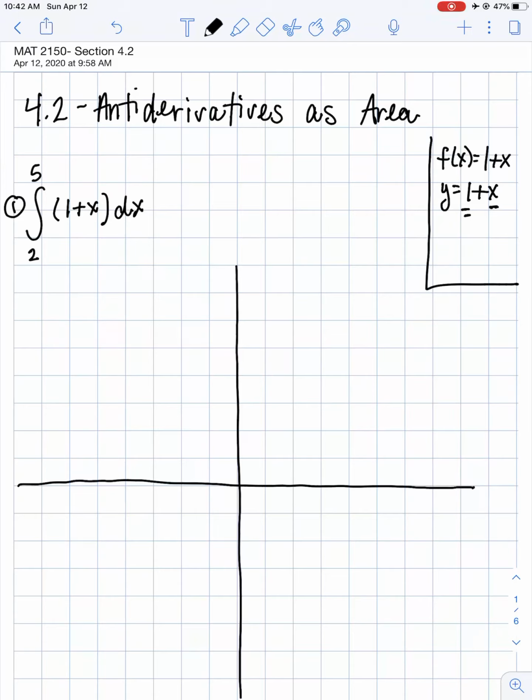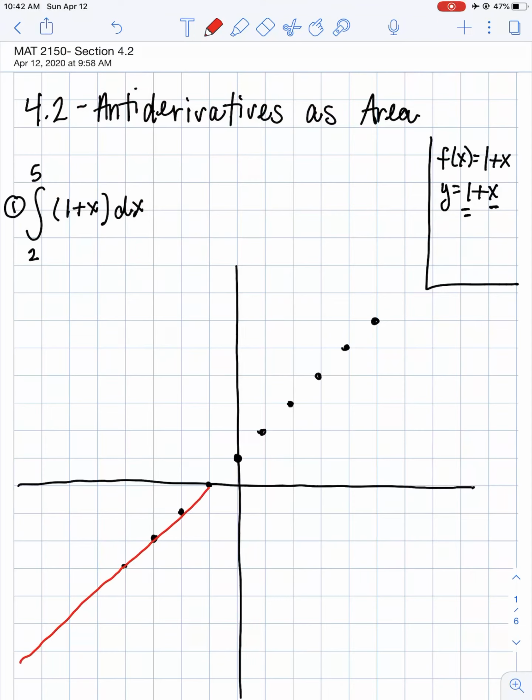You may want to write it as y equals 1 plus x, because hopefully you realize that your slope is 1 and your y-intercept is also 1. So I go up to 1 because my y-intercept is 1. My slope is 1, so I go up 1, over 1, up 1, over 1, and I keep going.